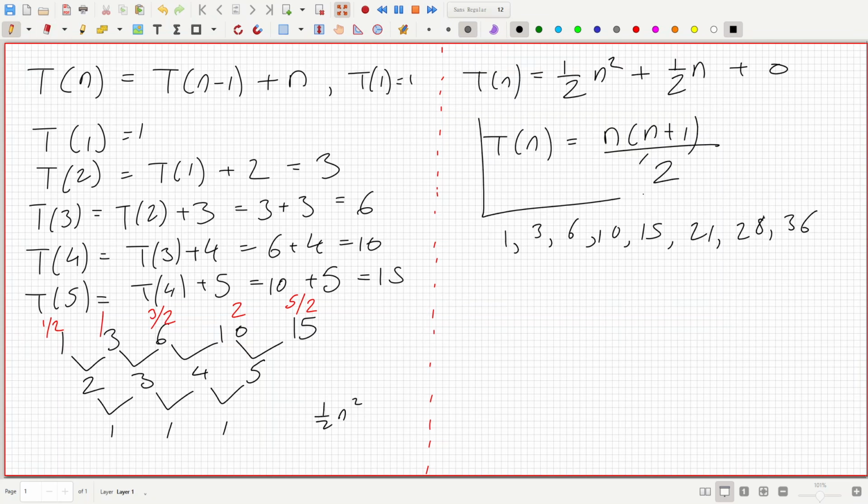So there you go. That's the answer there using the forward substitution method.